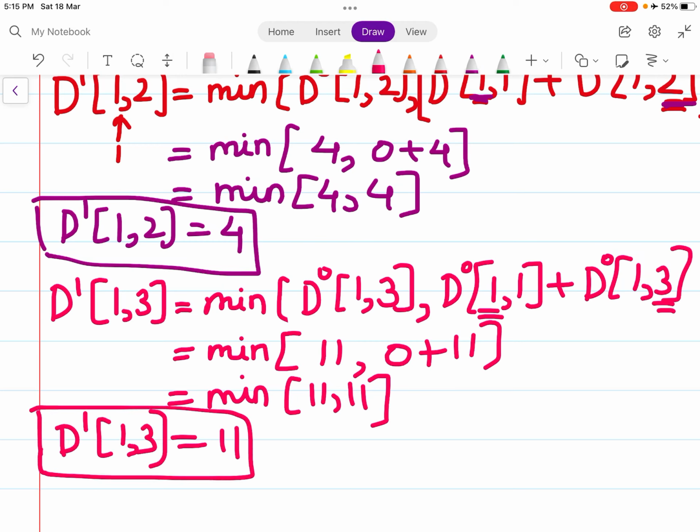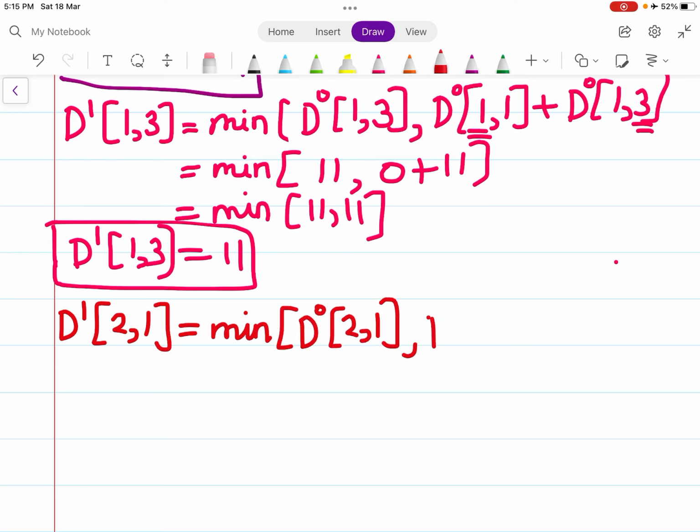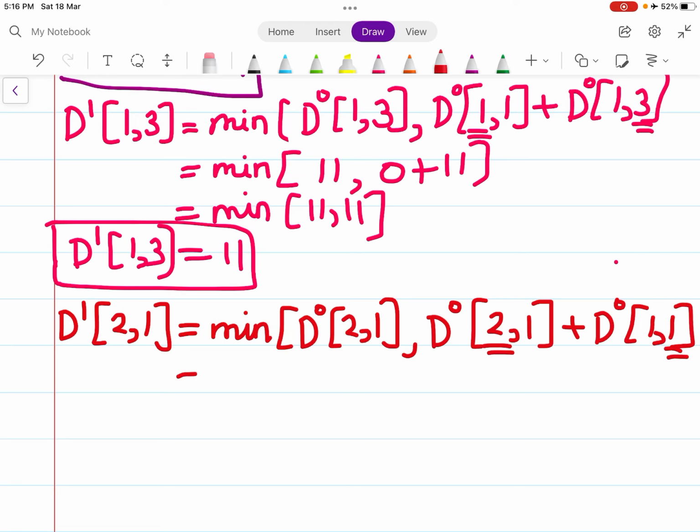Then after 1 comma 3 you have 2 comma 1. So d1 of 2 comma 1 is equal to min of d0 of 2 comma 1, d0 of 2 comma 1 plus d0 of 1 comma 1. Between 2 and 1 you have 1 present. So min of 2 comma 1, which is 6.